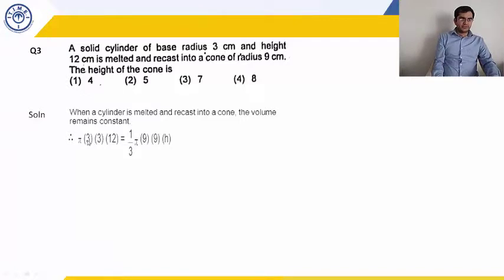That is pi into 3 into 3 into 12. And the volume of the cone is 1 by 3 pi, where radius is 9 and height is h. Pi gets cancelled out, 3 and 3, 9 gets cancelled out, 9 divided by 3 is 3, and 12 divided by 3 is 4. So you get the height of the cone as 4 units, and that is your answer.